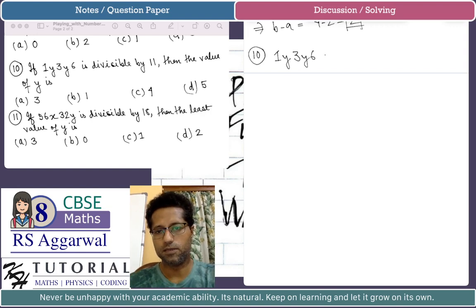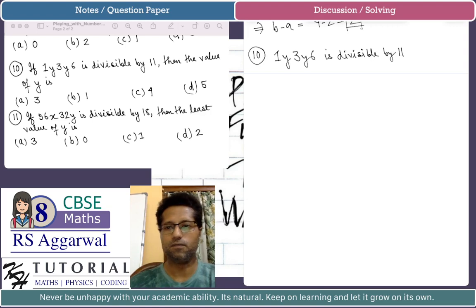It is given that this number is divisible by 11. Now we have to find the digit y, and we know that a number is divisible by 11 when the difference of the sum of its digits at odd places and the sum of its digits at even places is either 0 or a multiple of 11.